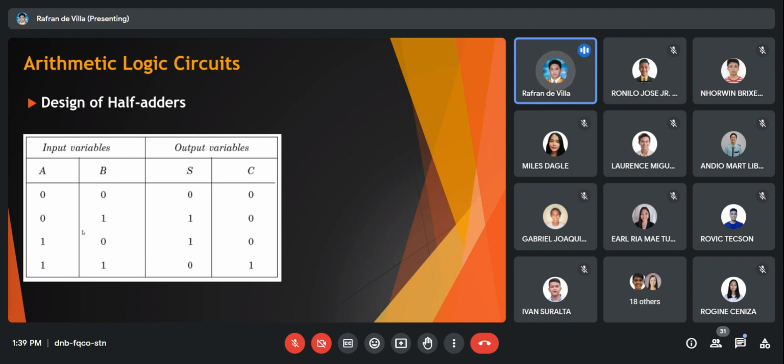The carry is like the higher, or more significant, bit compared to the sum. Since 1 plus 1 is 2, it can't fit in one bit, so it adds to the next bit, which is the carry. So far there is no problem understanding our truth table.